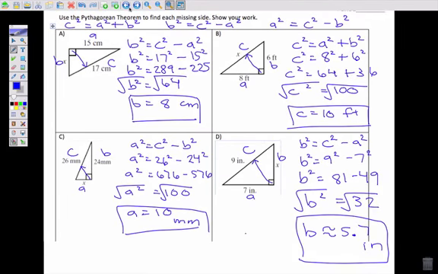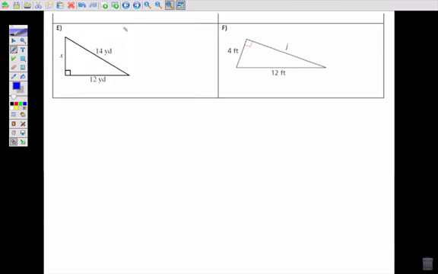Okay? Two more examples. All right, across from the 90 degrees is my C side. I'm going to call this one A and this one B. Remember, it doesn't matter which is which. And I know if I'm looking for B, that's the side that's missing. I'm going to take the big one squared and subtract the smaller one squared. So B squared is equal to 14 squared minus 12 squared.